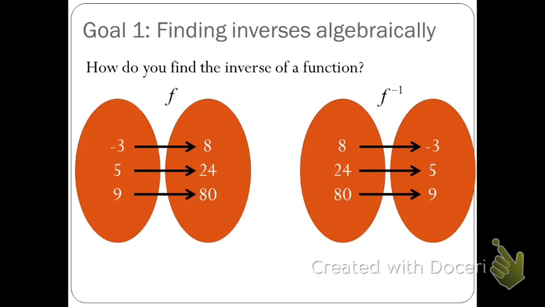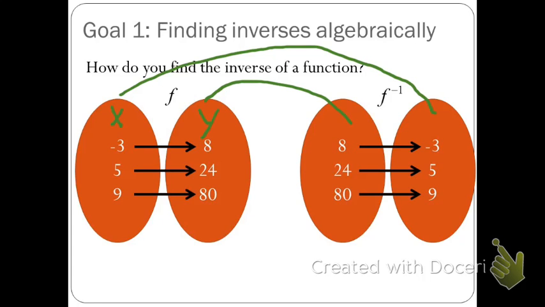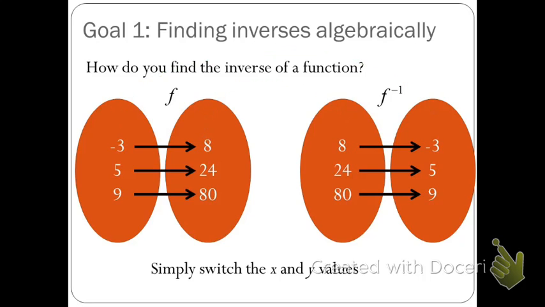Another way of looking at that is that you just take the x values and the y values from the function and you switch them. What used to be the x values for the function have become the y values for the inverse, and what were the y values for the function have become the x values for the inverse. In other words, if you want to find the inverse of a function, really all you have to do is switch the x and y values with one another.